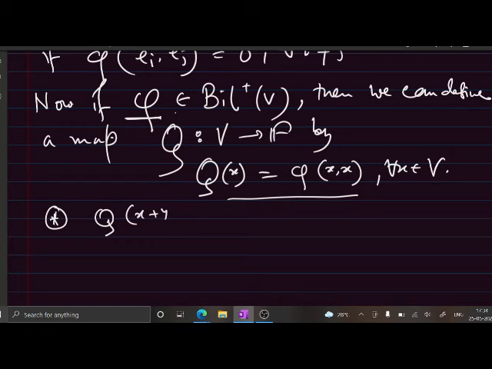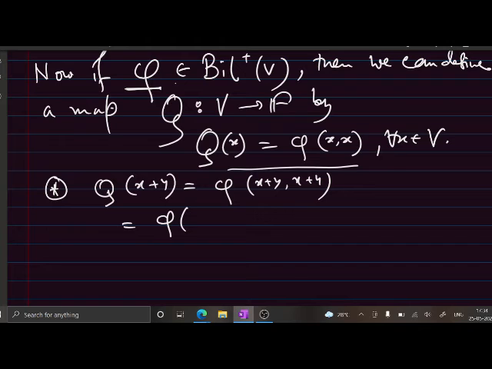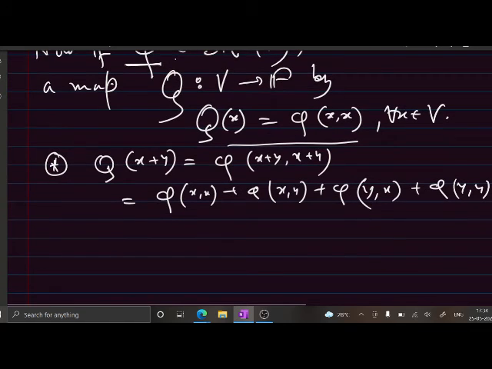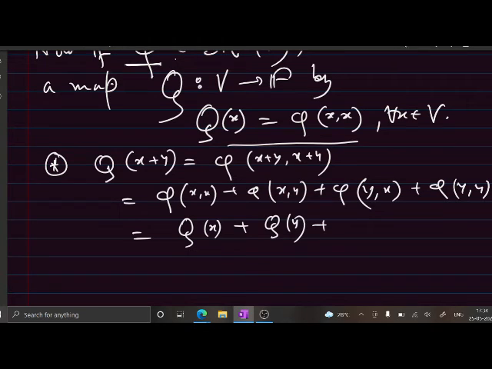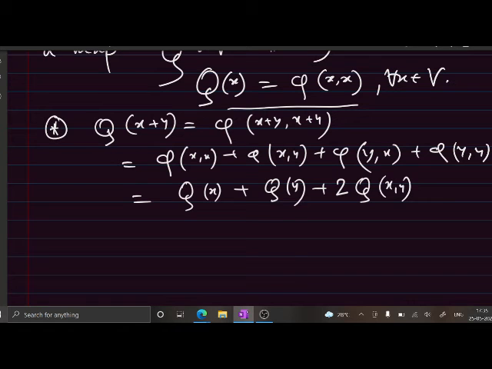Then q(x+y) must be phi of (x+y, x+y), that is phi(x,x) plus phi(x,y) plus phi(y,x) plus phi(y,y). So this is q(x) and this is q(y), and since the form is symmetric, this is 2 phi(x,y). And this is true for all x, y belonging to V.